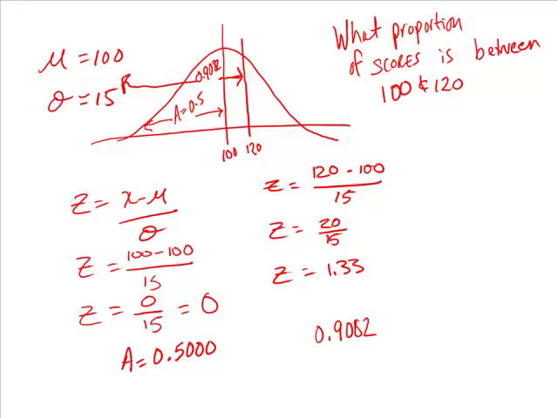You subtract half from 0.9082. Yes. Yeah, I would subtract. He said subtract 1 from 1. No. I'm not going to subtract 1 from 1. I'm going to subtract 0.5000 from 0.9082. 0.4082.